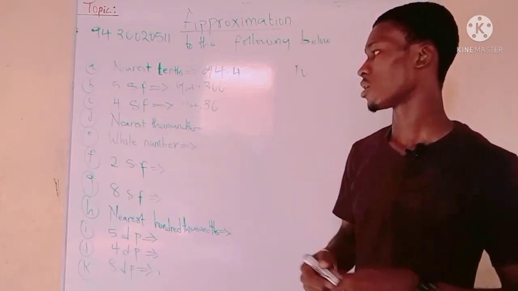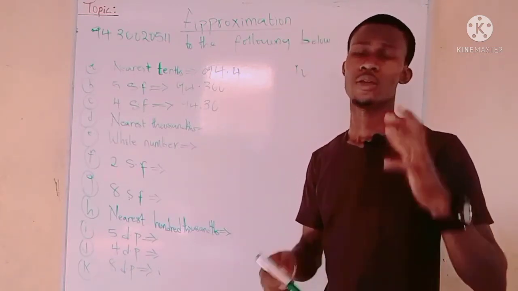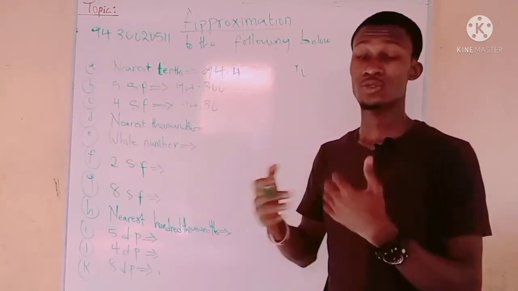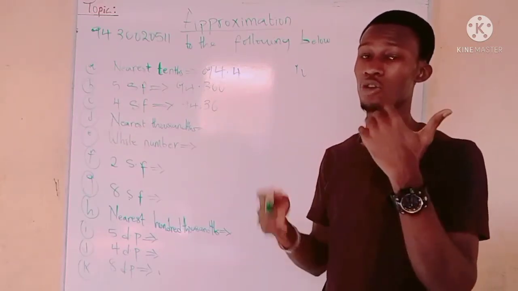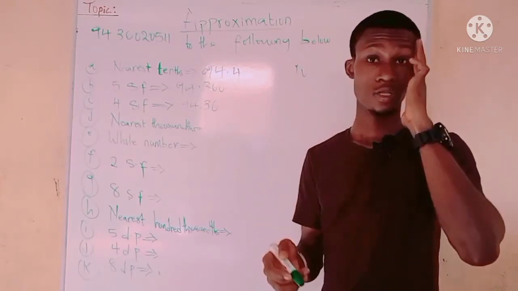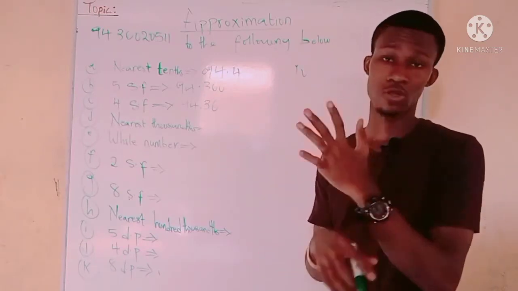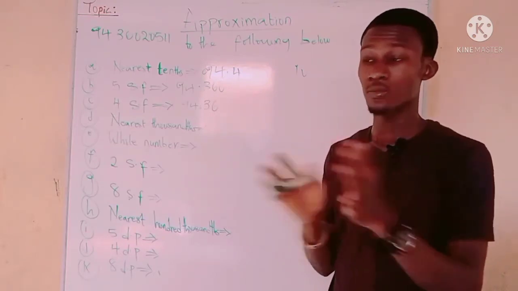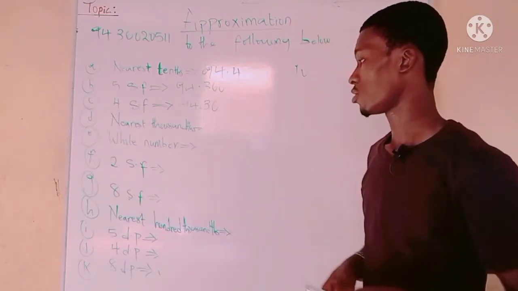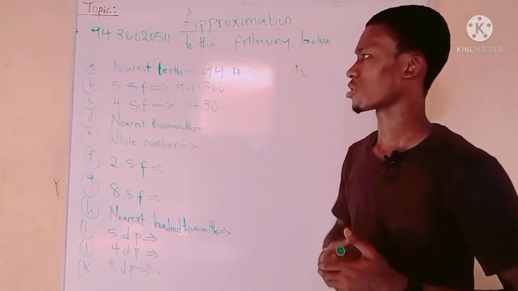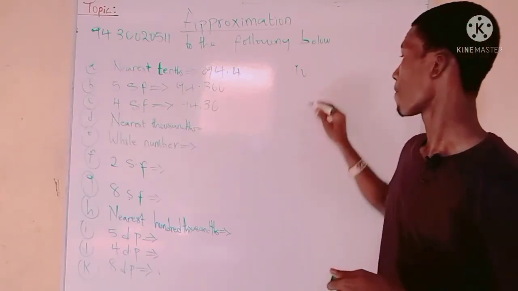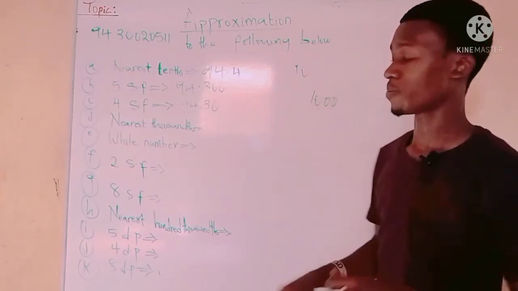For the nearest thousandth, every number that comes after the decimal point is the thing to count. Every number that comes before the decimal point is not necessary in your counting, no matter the digit at all. Since we're talking about thousandths, how is 1000 written? 1 and 3 zeros.